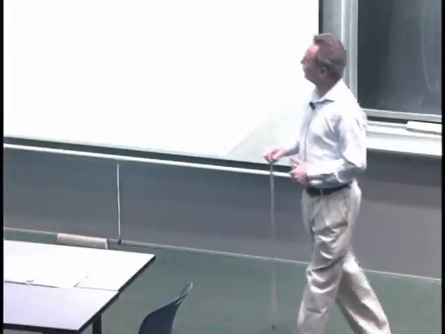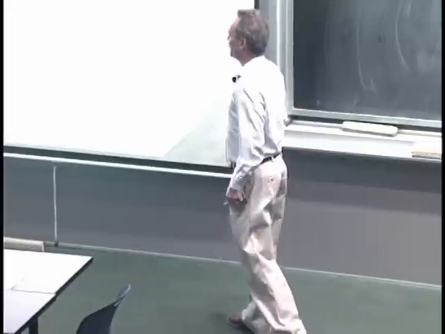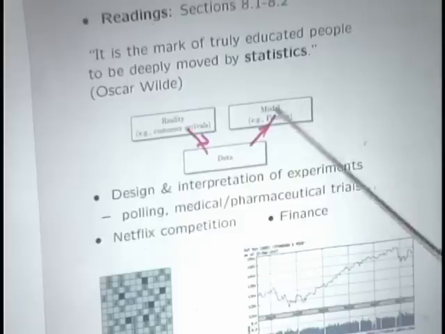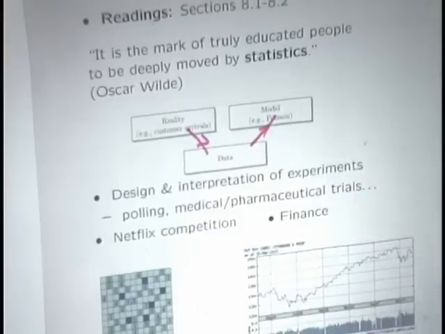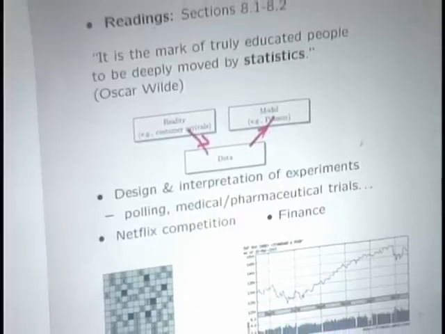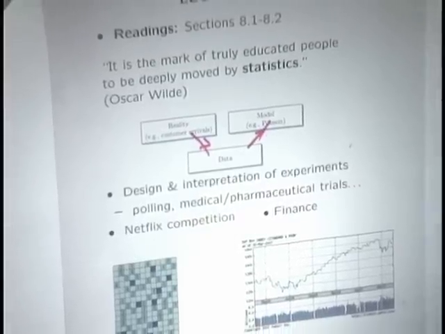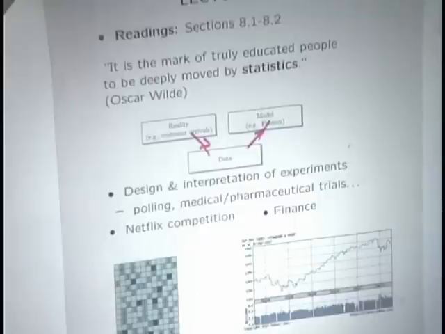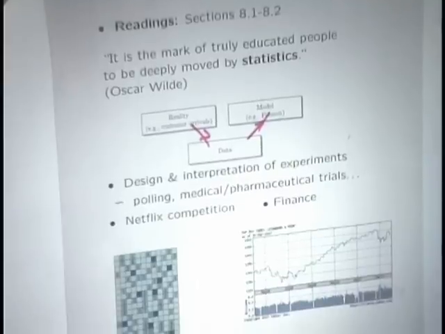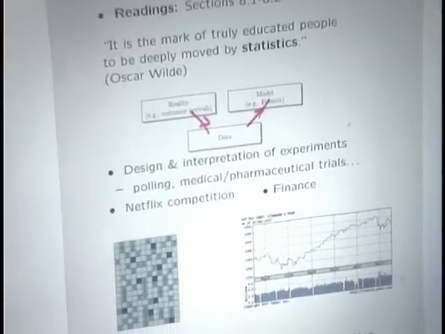Once you come up with your model and you come up with the parameters of the model, then you can use it to make predictions about reality or to figure out certain hidden aspects of reality that you do not observe directly, but you try to infer what they are. So that's where the usefulness of the model comes in.